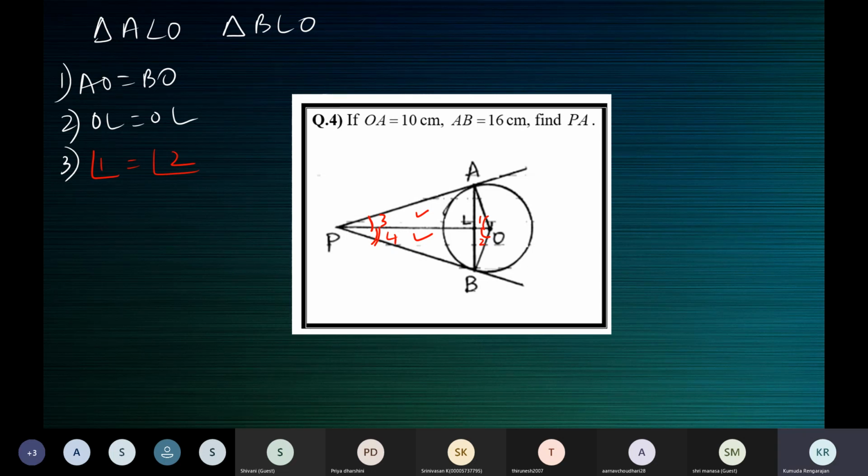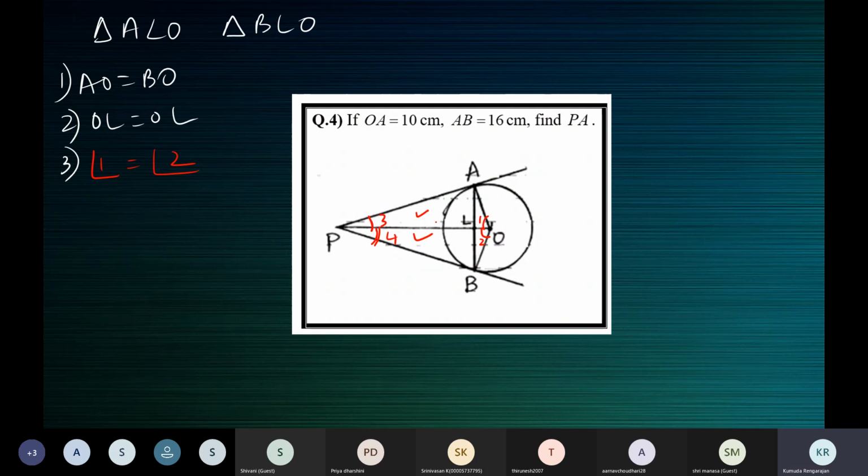Angle 1 is equal to angle 2. Reason is equal tangents subtend equal angles at the center. And for 3 is equal to 4, the reason is equal tangents are equally inclined to the line segment joining the center and the external point.